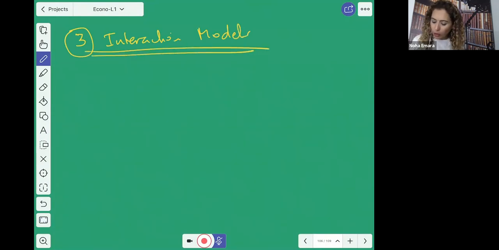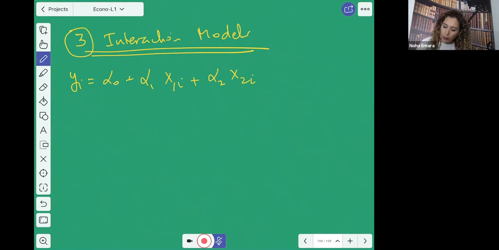So if I have a model like this, yi is equal to alpha naught plus alpha 1 x1i plus alpha 2 x2i, and I stop here. Suppose I have this model, and this model is telling me that alpha 1 would show me the effect or the change in y due to the change in x1 holding constant x2.